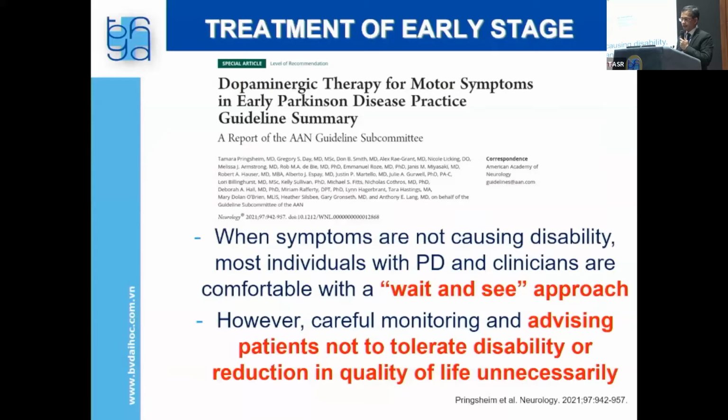At the early stage, we have a guideline for treatment. This is the American Academy of Neurology guideline in 2021. In this guideline, when the symptoms are not causing disability, most individuals with Parkinson's disease and clinicians are comfortable with a wait and see approach. However, careful monitoring is needed, and patients should not tolerate disability or reduced quality of life unnecessarily.